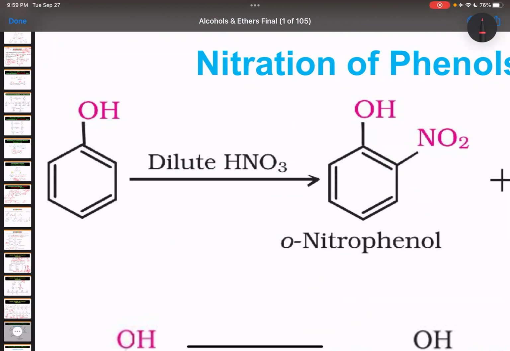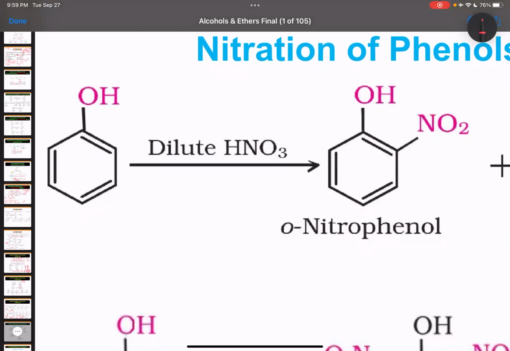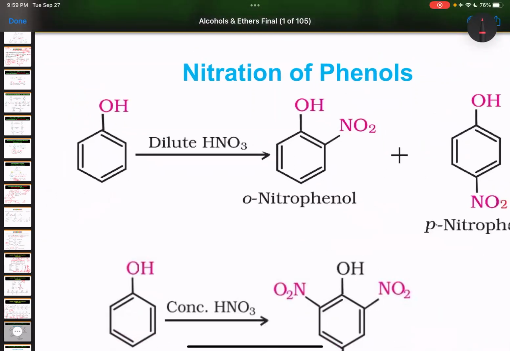It is more reactive. If phenol is more reactive, no need to take the concentrated HNO3. The phenol itself has high electron density. So you don't need more nitronium ions. You take dilute HNO3, that will work.